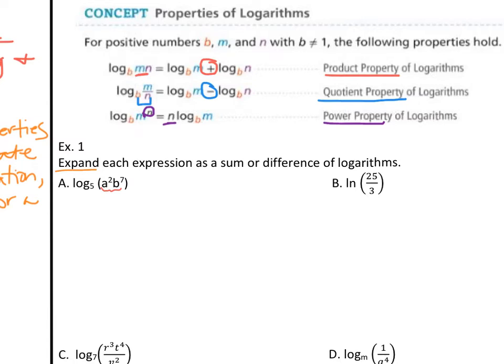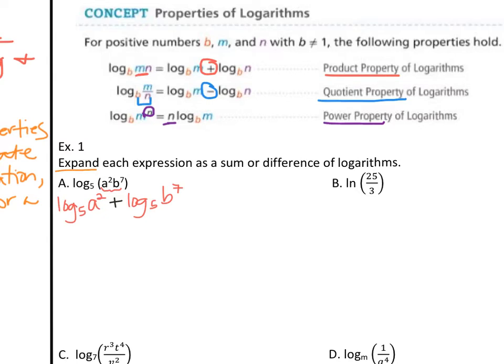The product property we'll do first. We're going to separate the a and the b into addition of separate logarithms. So what we'll do is we'll just split this up into log base 5 of a squared, and then plus a second logarithm, same base, of b to the 7th. That's splitting up that product. But then we have powers, or exponents.